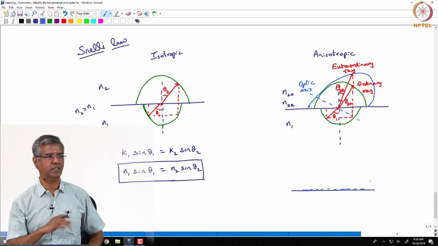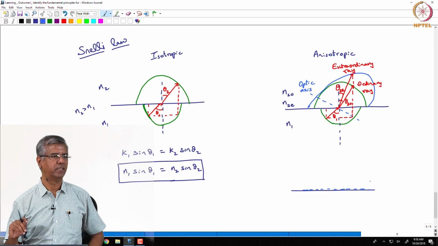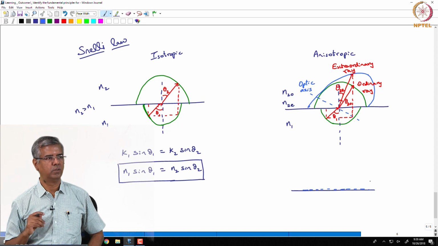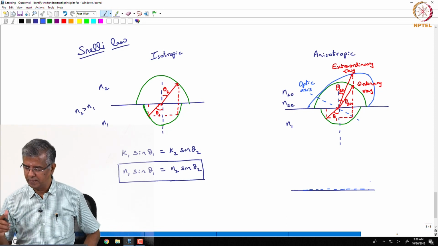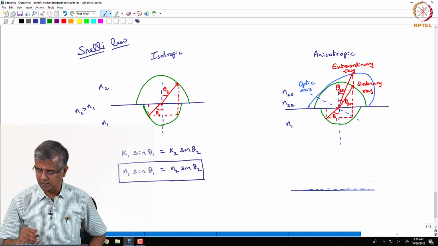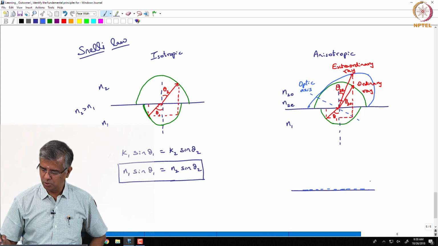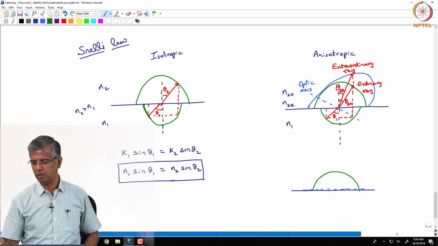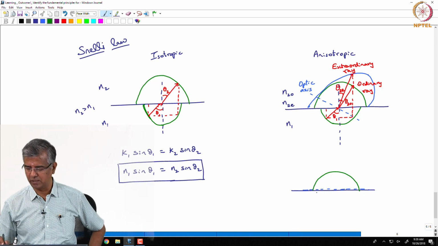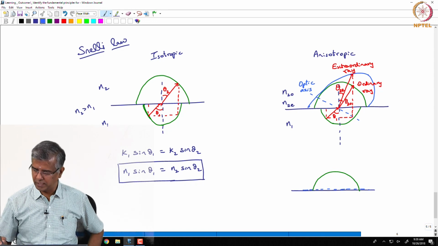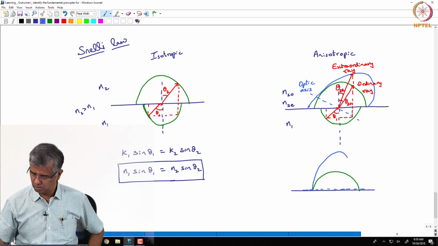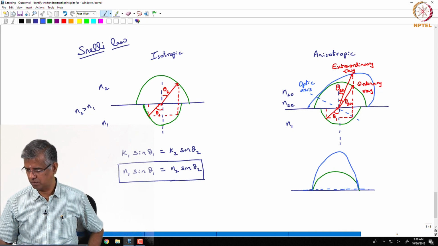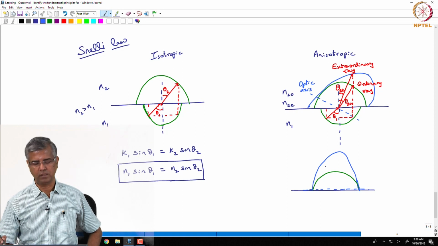Both the optic axis and how you cut are essentially parallel to each other. Let us see how things work in this case. In this case, you basically have your ordinary wave experiencing something like this, but your extraordinary ray will be something like this.